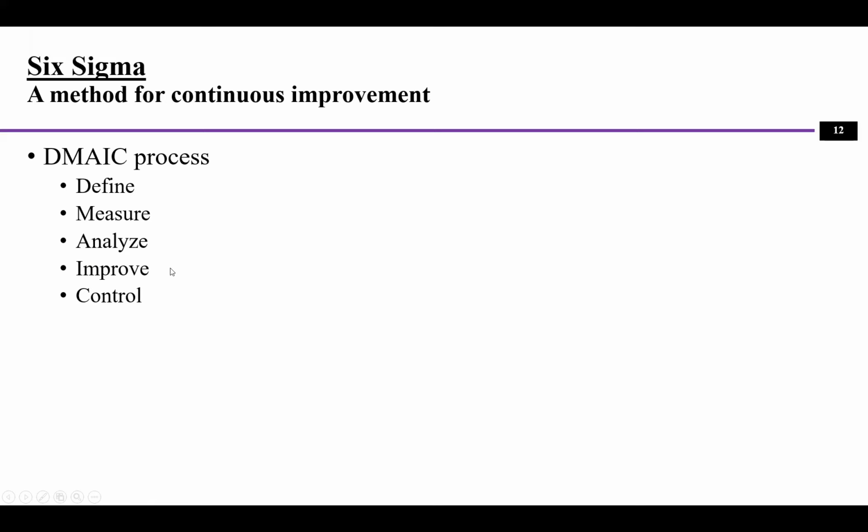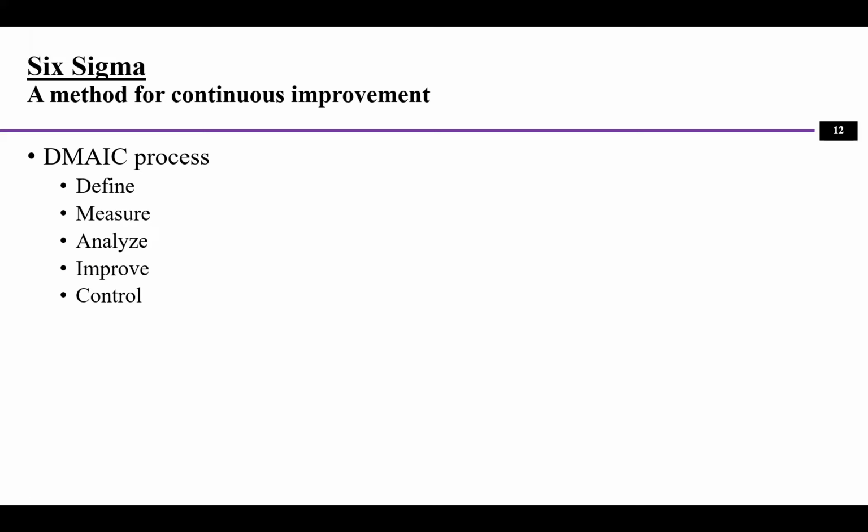After you come up with a solution and improve it, you start to do the control, right? Make sure you monitor and control the process so its performance is always within your quality tolerance range. So that is the DMAIC process: define, measure, analyze, improve, control.